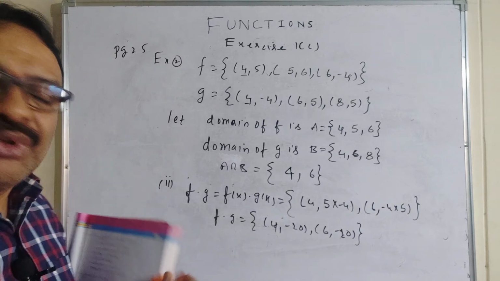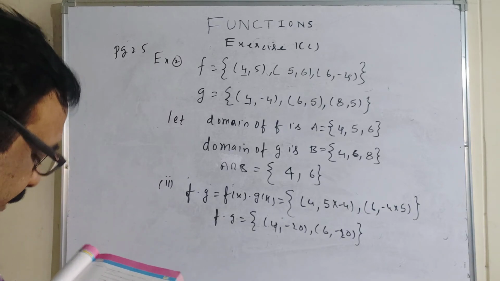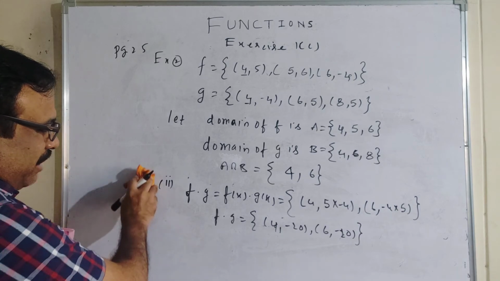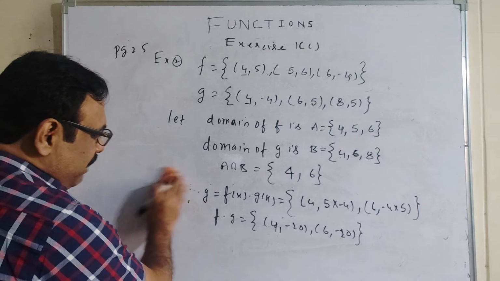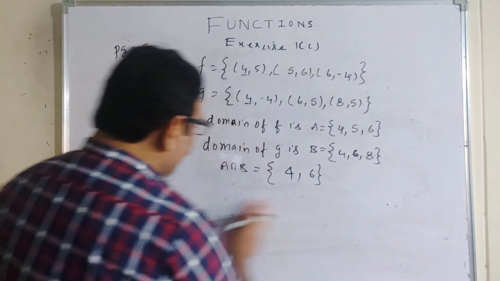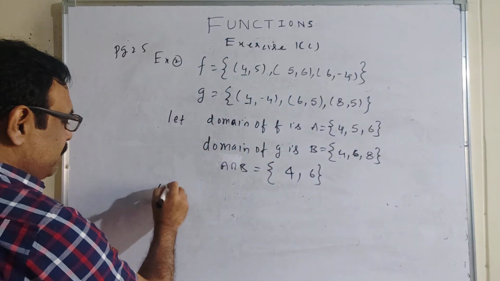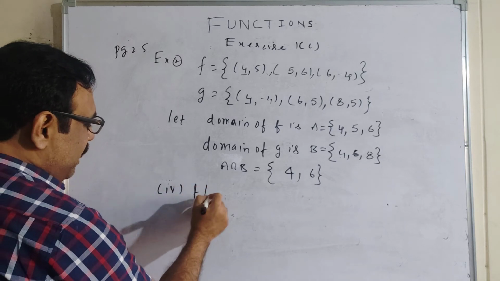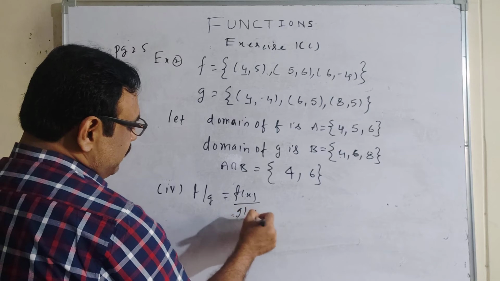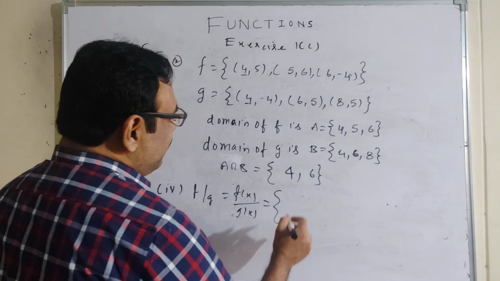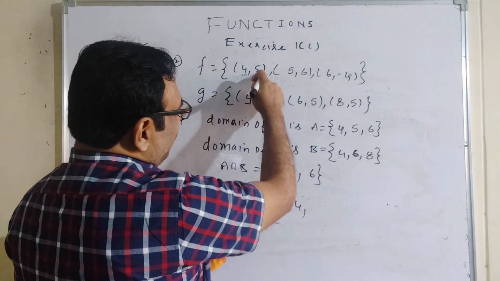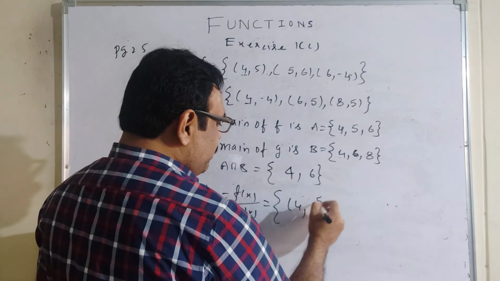Right. There is a fourth part which you always need to remember, that f by g. That means when you are talking about f by g, I'll be writing this as f of x by g of x. Now domain elements are the same, I'll be writing the same, and the codomain element should be divided.